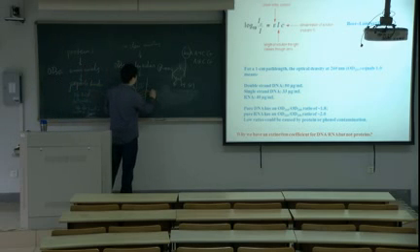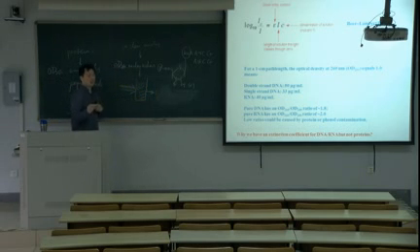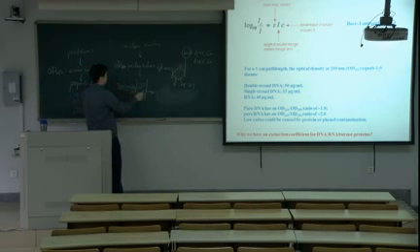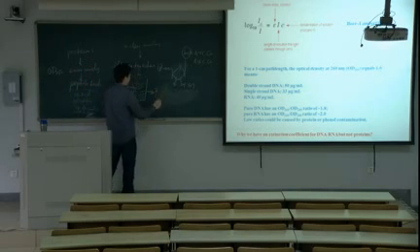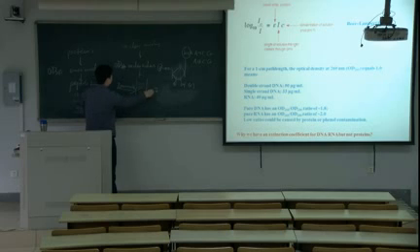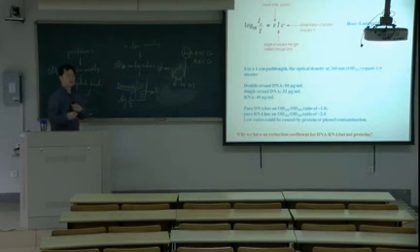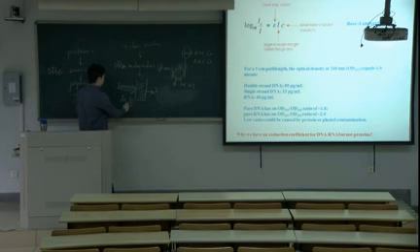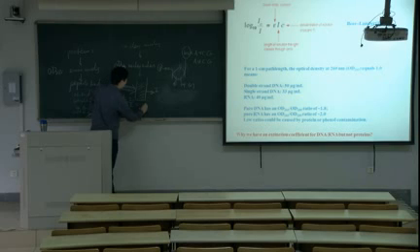So the outgoing light is reduced. If the intensity of incoming light is I0 and the outgoing light is I, you take the ratio and then you take the log. And this is the OD number.